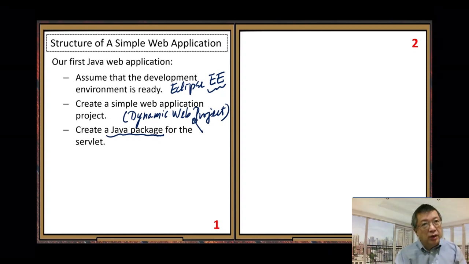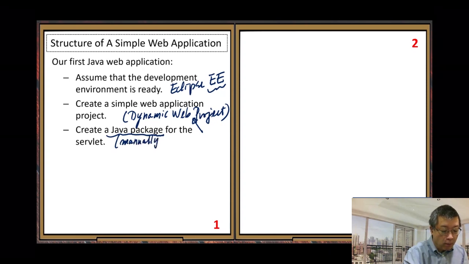The Eclipse wizard does not generate this Java package for you automatically. So for that reason, we need to create it manually. In our third in-person class, I will show you how to do it. I will do it in class. You can do it with me in class.